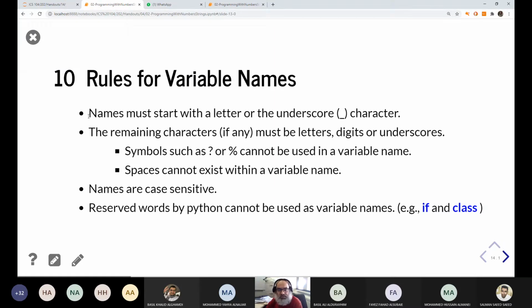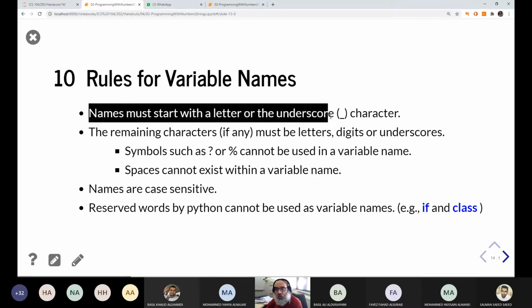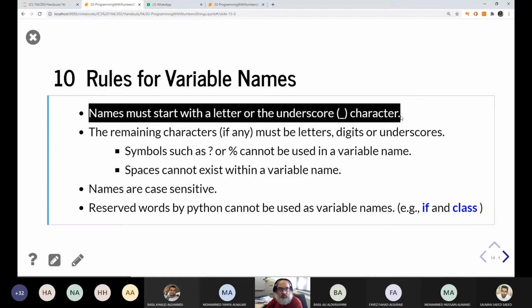So the first rule says that names must start with a letter or the underscore character. The underscore character is the one that you get by pressing shift and the hyphen, right? So any variable name has to start with a letter from A to Z or the underscore.